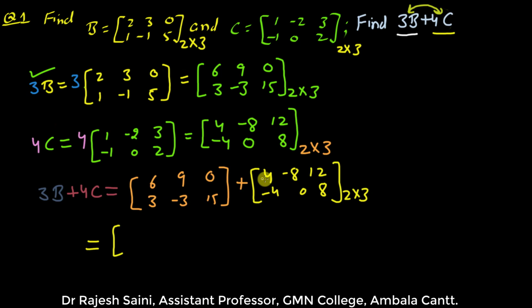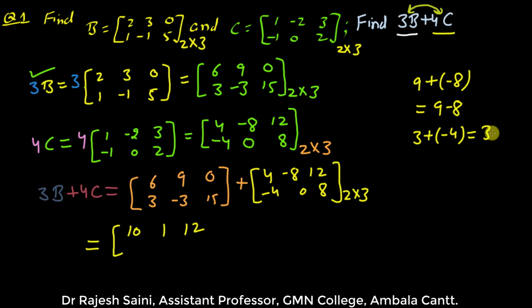You add 6 and 4, you get 10. You add 9 and minus 8, which is 9 minus 8, equal to 1. 0 plus 12 is 12. 3 minus 4, once again add up, is nothing but minus 1.